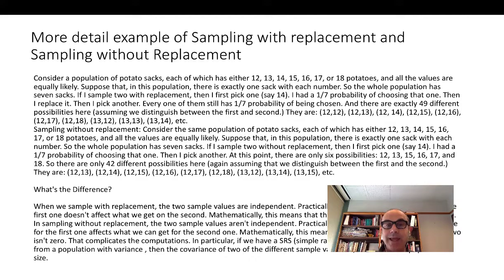Again, I gave you here an example of potato snacks, which has 12, 13, 14, 15, and so on potatoes, and all the values are equally likely to be part of the sample if we are using the sample as in a study. So again, the idea of a sample without a replacement and with a replacement is what you are going to think about.